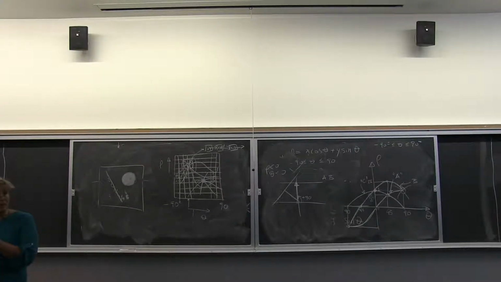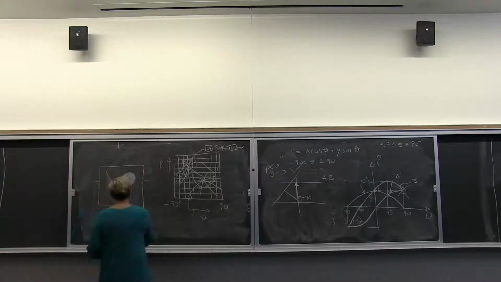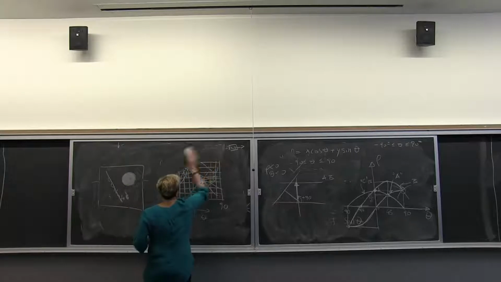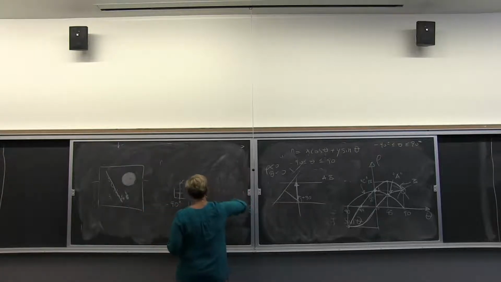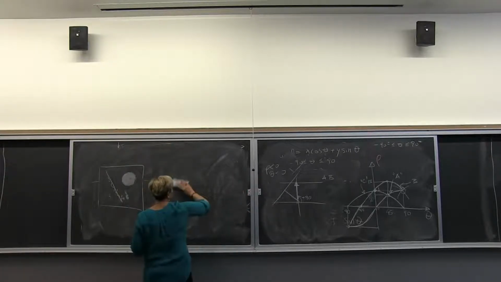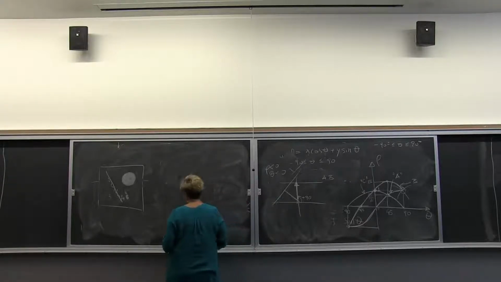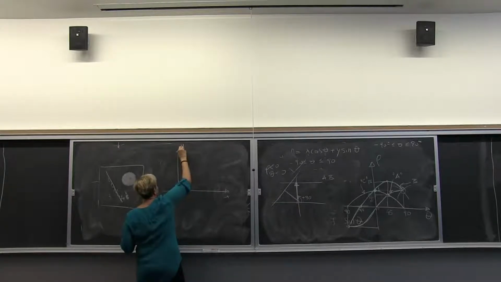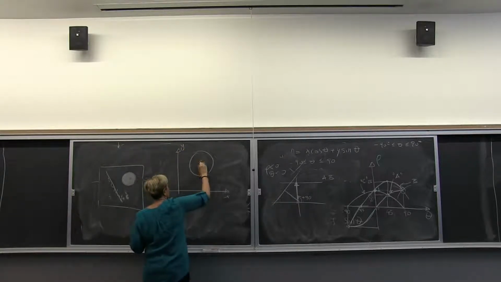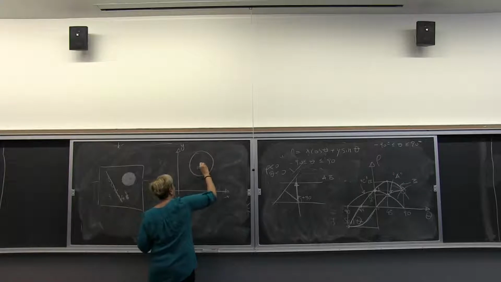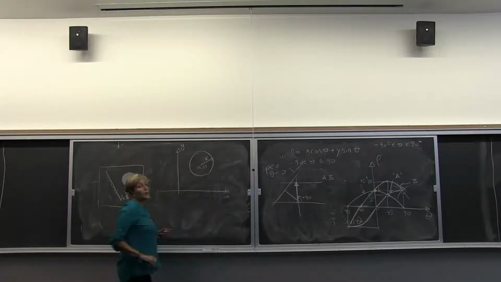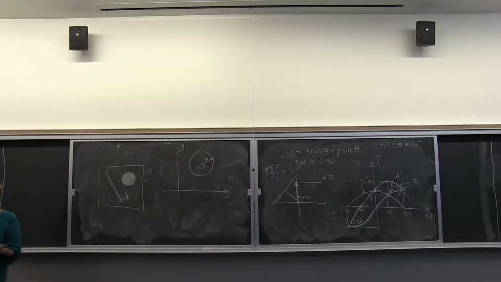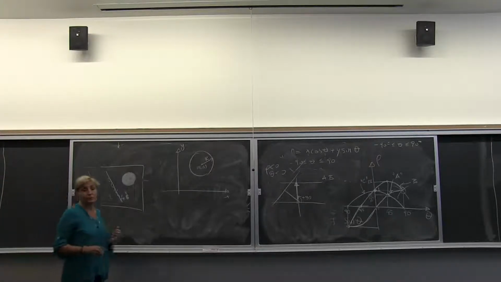So let's write the equation of the circle. What is the equation of a circle? Let's say my circle has center (a, b) and radius r. How do we write the equation for that circle?